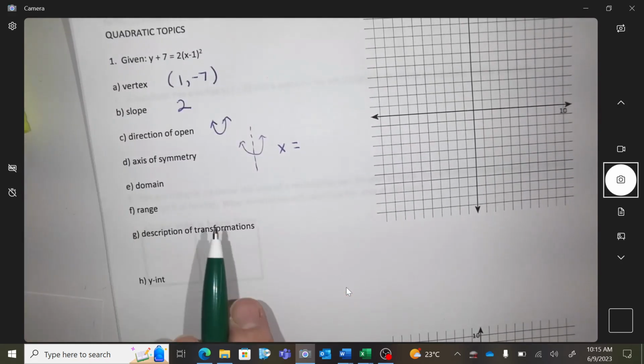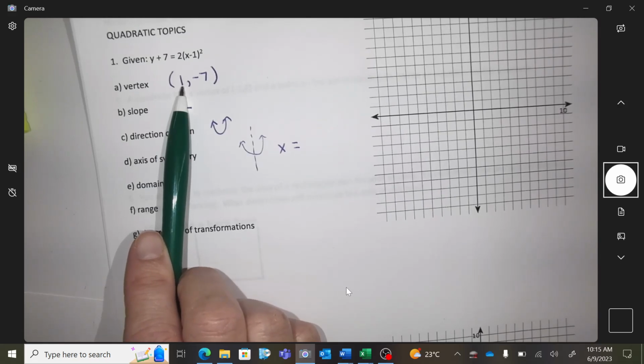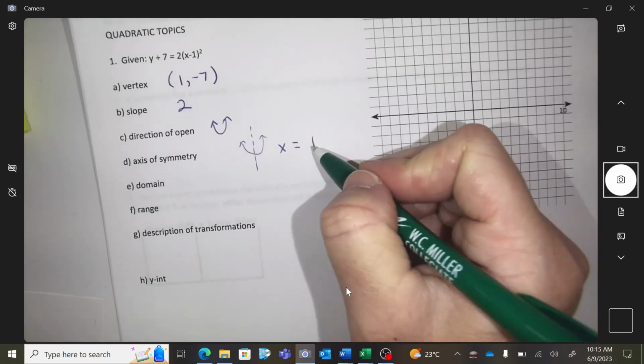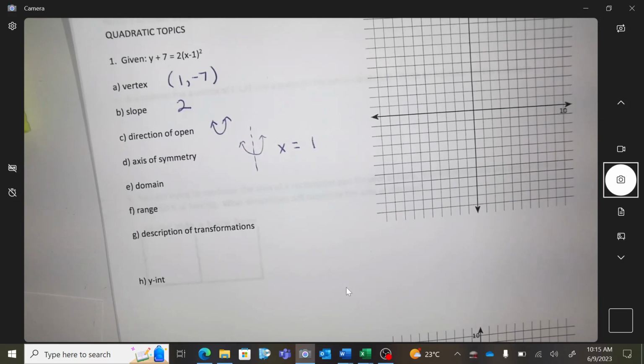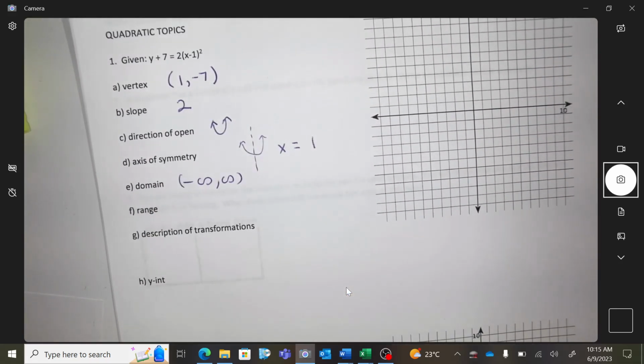What x value? Right there. I'm going to go through the x value of 1. Domain. This is supposed to be hopefully your free point. Negative infinity to positive infinity, right? Always the same.